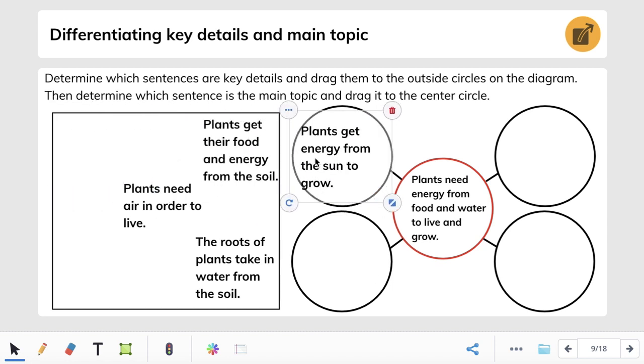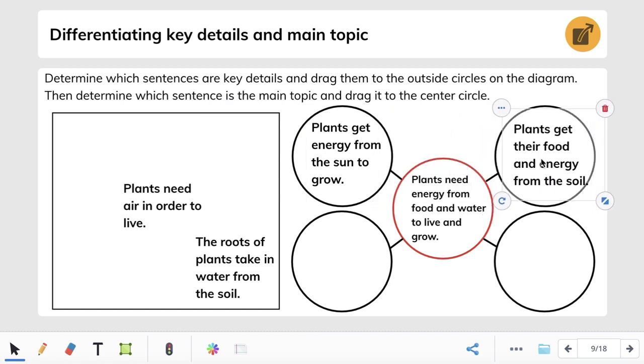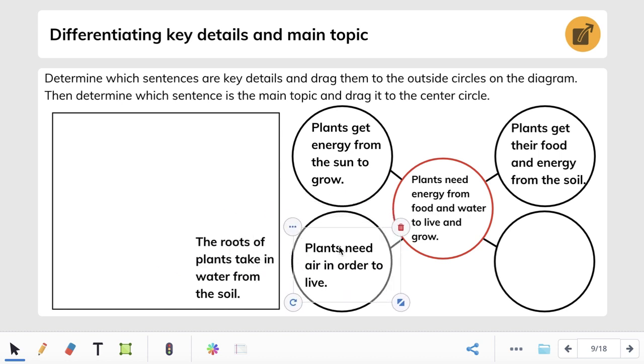So plants get energy from the sun to grow. That's a key detail. It's telling us where they get their energy. Plants get their food and energy from the soil. So once again, this is telling us how they get energy and how they get food. Plants need air in order to live.